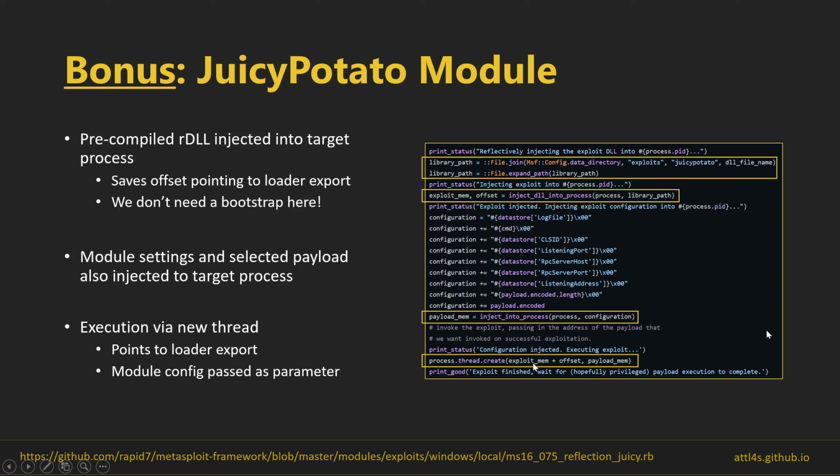This is the exploit mem plus the reflective loader export. And then we are going to pass the settings and the payload as an argument. And this will work. Okay.